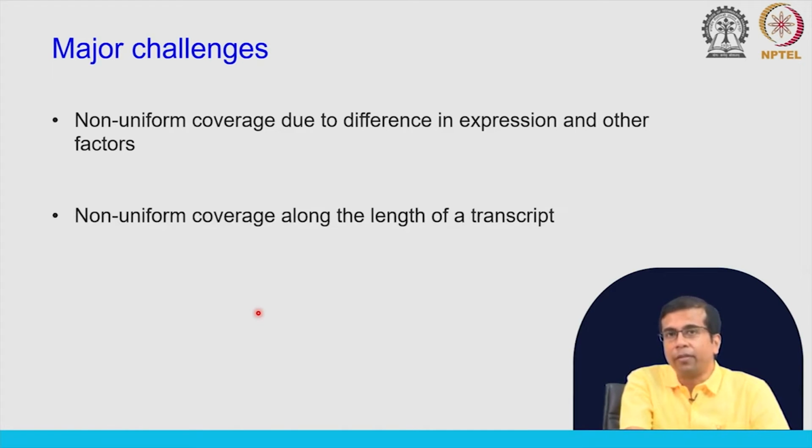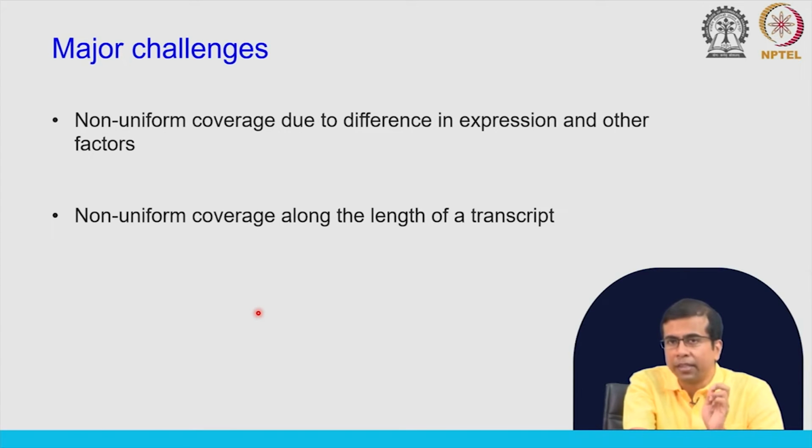In addition, you also have non-uniform coverage along the length of a transcript. When an mRNA is produced, there is a cDNA synthesis step, and there is amplification if you are going for Illumina, etc. All these processes lead to some sort of biases.